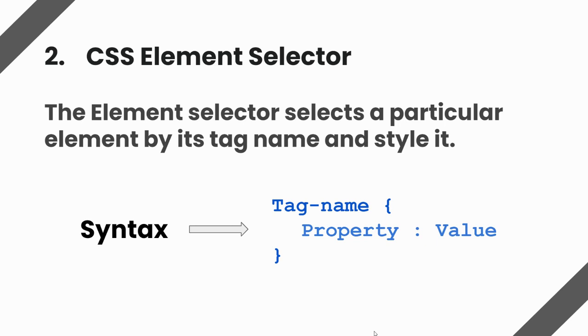So this method is best used when you have a particular tag that doesn't occur again at all. That's when using the CSS element selector is best, because if you use this selector in cases where that tag occurs multiple times, it's going to affect the other tags that you don't want to style.